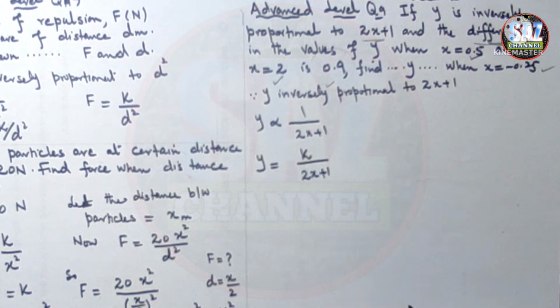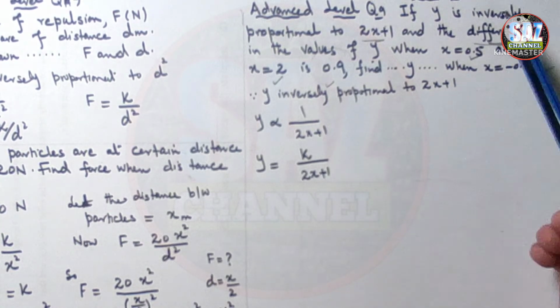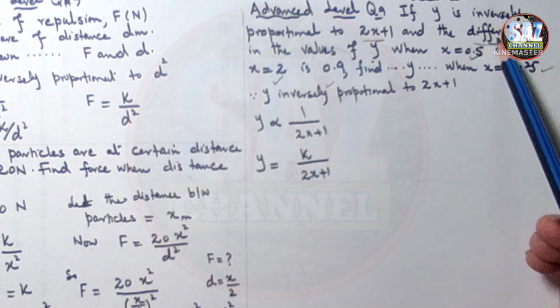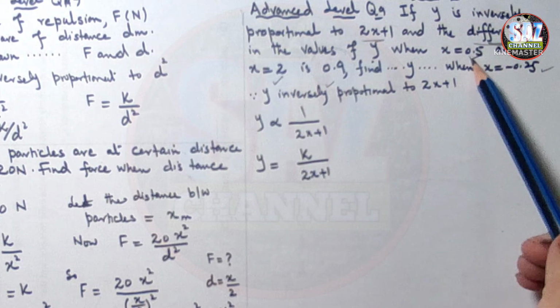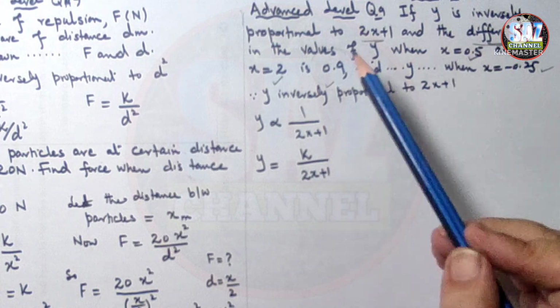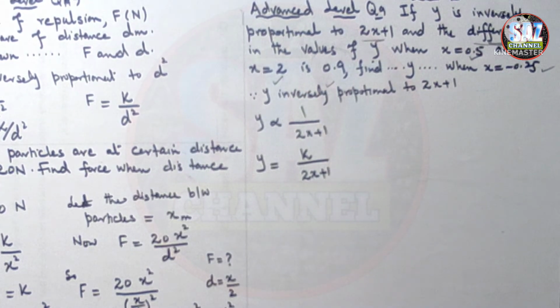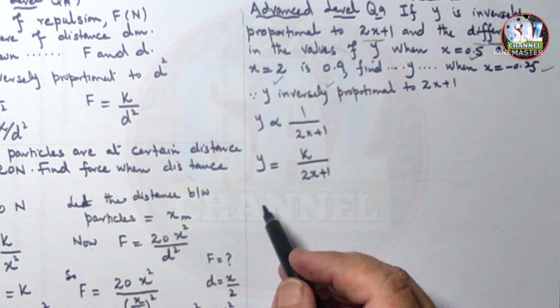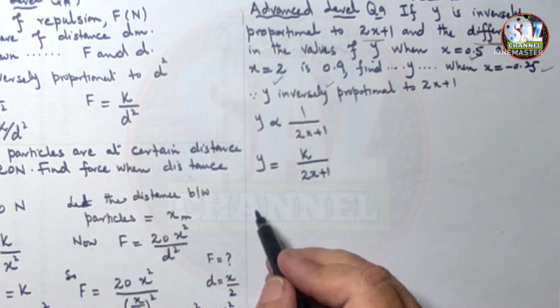Now, how to find k, the constant of variation? For that purpose, we have to read this part carefully: the difference in the values of y when x equals 0.5 and x equals 2. So we have to find two values of y first.